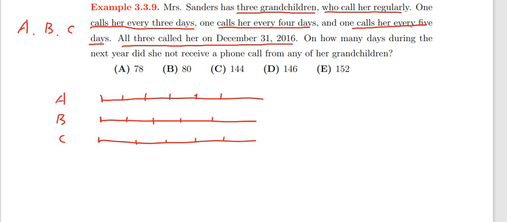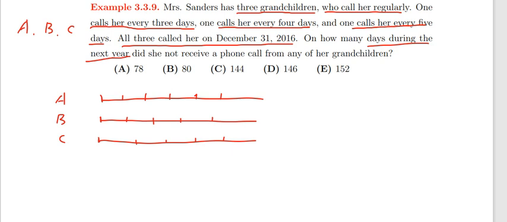So the question is, how many days during the next year? Next year we have 365 days. Among these 365 days, some day she receives a phone call from A or B or C, or from two of them, or from all three of them.